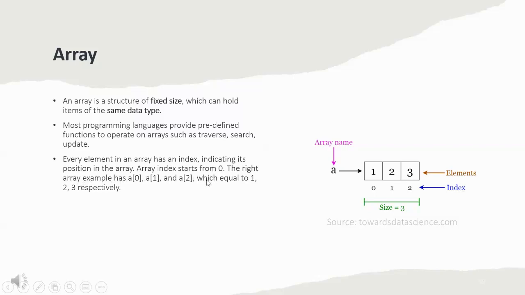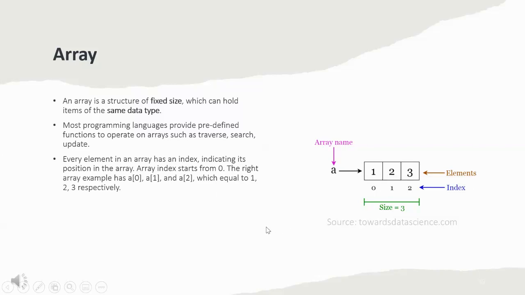Array index starts from 0. For example, the red array has A0, A1, and A2, and they equal 1, 2, 3, respectively.